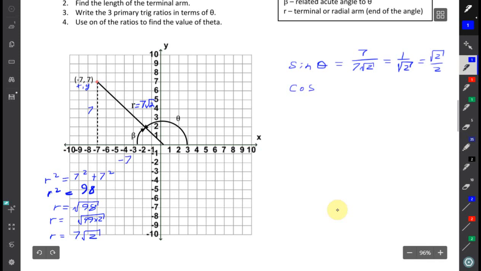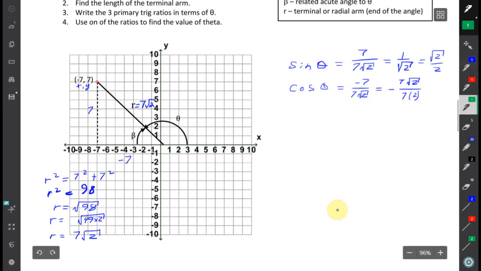So the cos of theta is equal to the adjacent, which is minus 7, over the hypotenuse, which is 7 root 2. So that gives us minus. Rationalizing it, we're multiplying the numerator by root 2, and we're multiplying the denominator by root 2, so that's 7 root 2 times root 2 is simply 2.